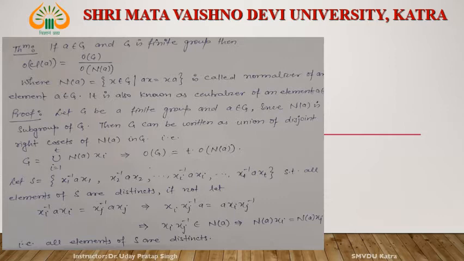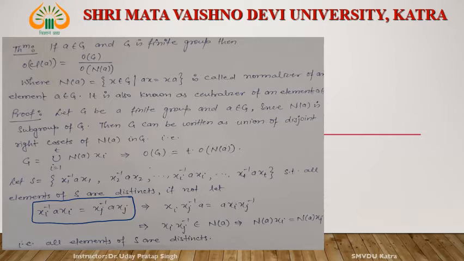Then all the elements of S are distinct. Suppose all the elements of S are not distinct. Then there are two elements which are equal. Suppose xi inverse a xi is equal to xj inverse a xj.